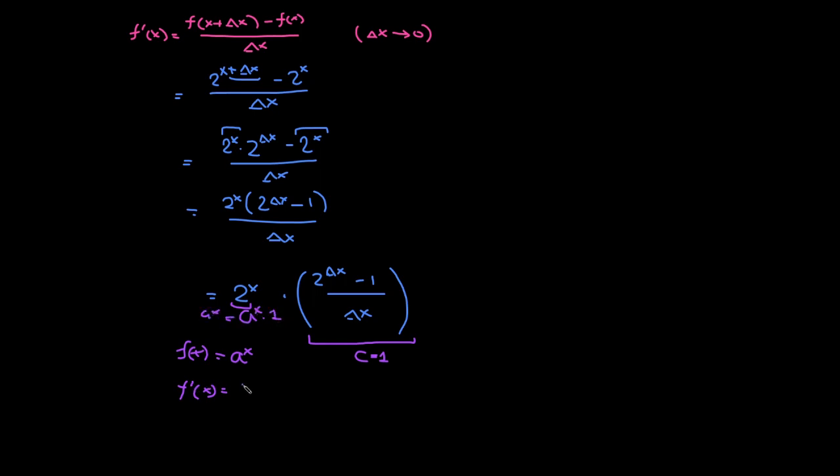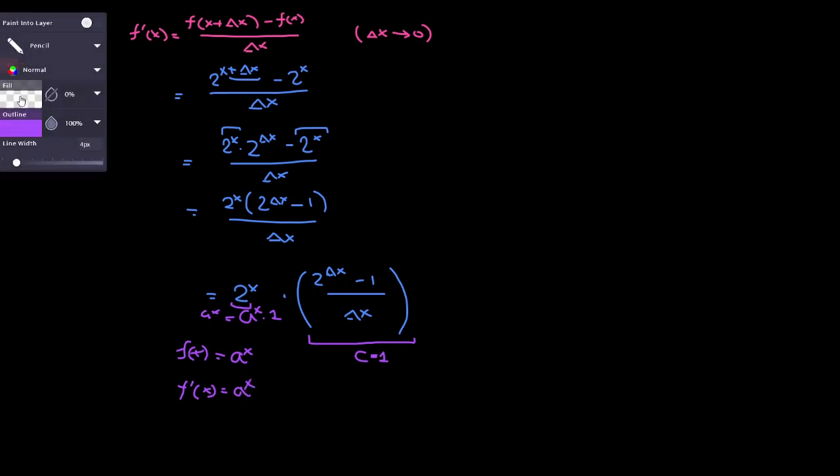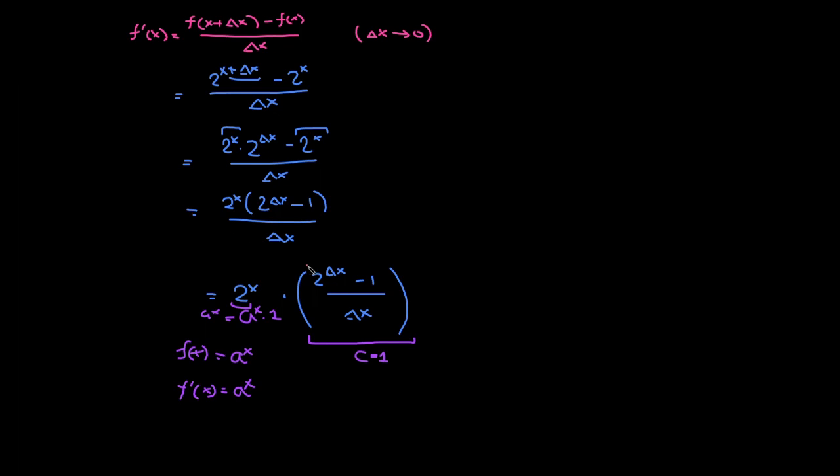So the derivative of that function would actually be itself. So let's try to find that. So I'll substitute a in for 2, so that we get a to the delta x minus 1, divided by delta x. And we'll set this equal to 1. And now we'll just solve for a.